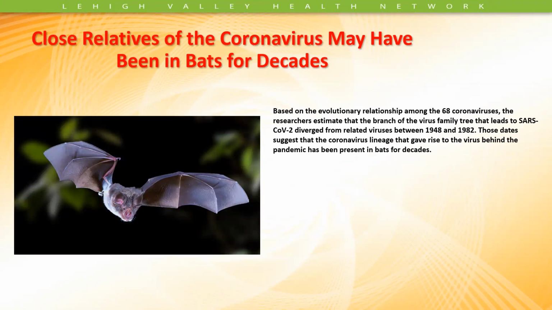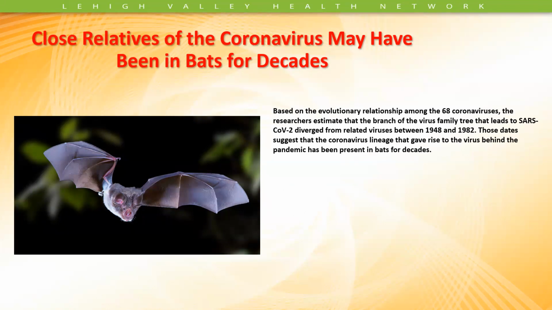So there are 68 coronaviruses on the branch of the virus tree leading to SARS-CoV-2 that were identified in bats between 1948 and 1982. All right. So there is a great potential that the coronavirus somehow originated with bats.